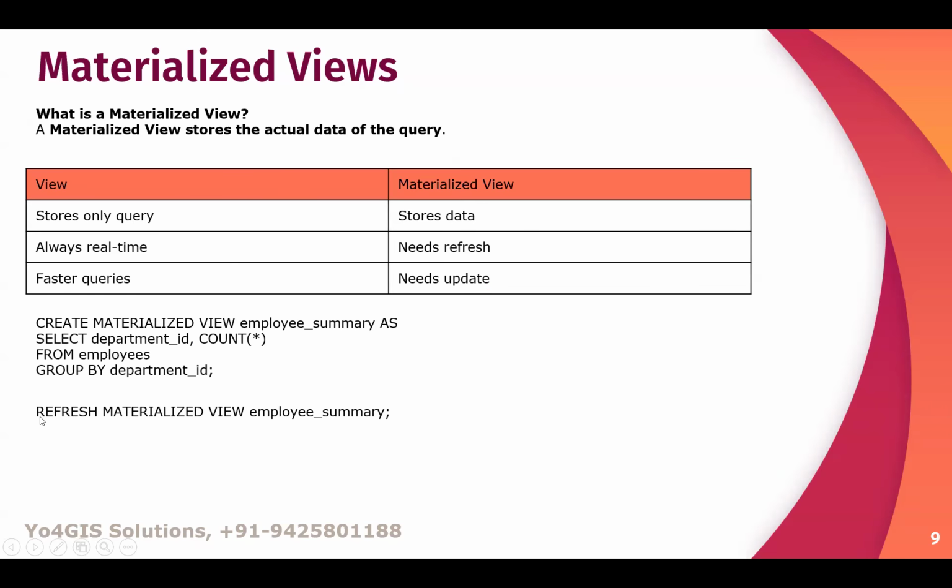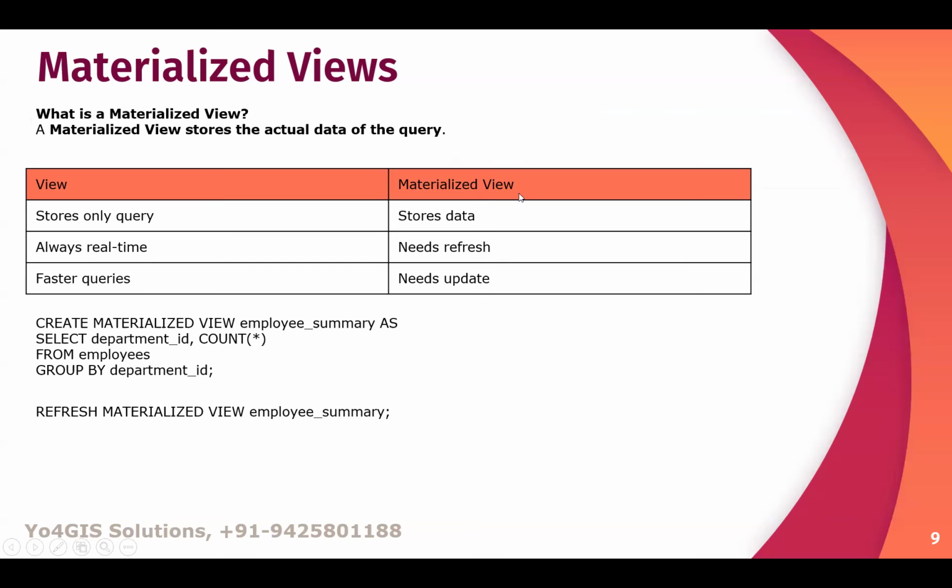We have to run this query, then only this view will be updated. So here I have given the difference between the normal view and the materialized view. A normal view stores only the query, but a materialized view stores the data. A normal view is always real time: whenever you insert, update or delete data in the table, the same thing will be reflected in the view.